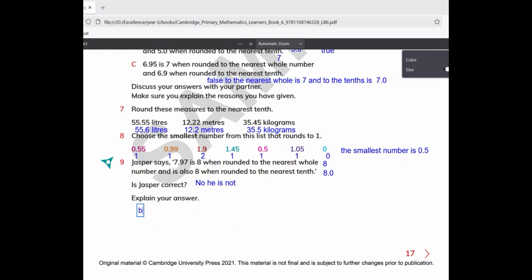Because 7.97 to the nearest whole is 8, but to the nearest tenth is 8.0.